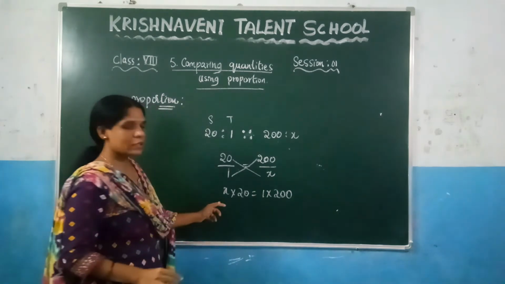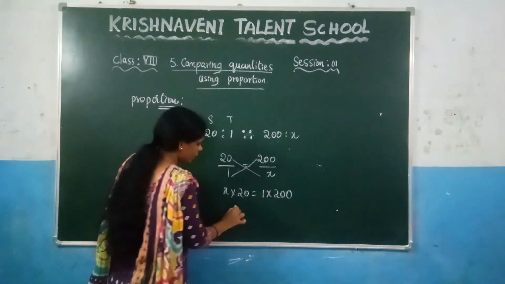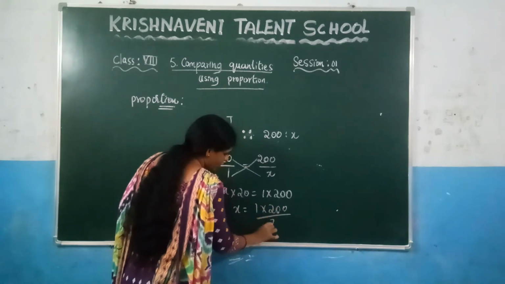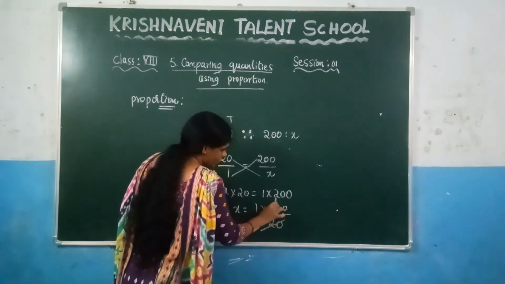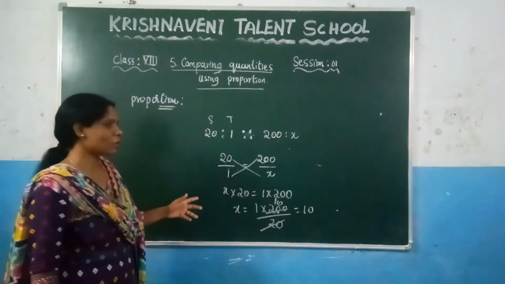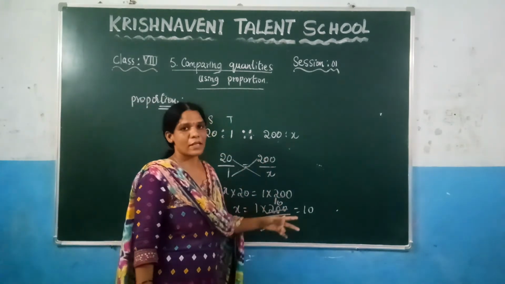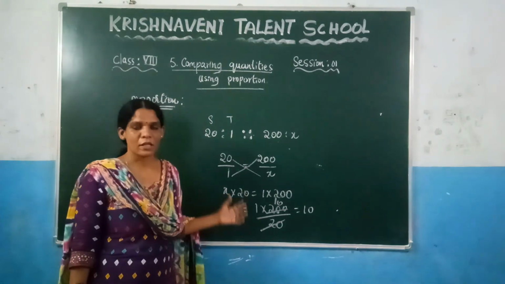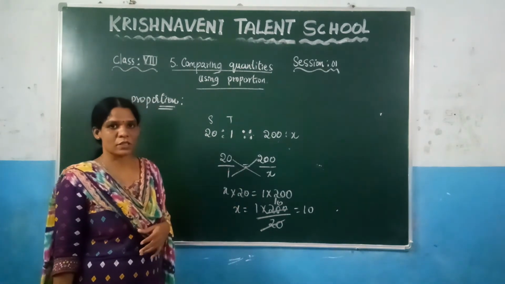Right? Now you can take this 20 to that side. What will it become? x is equal to 1 into 200 by 20. 20 ones are 20, 20 tens are 200, you will get here 10. So how many teachers are required for 200 students? 10 teachers are required. So like this you can calculate if two ratios are in the proportion.